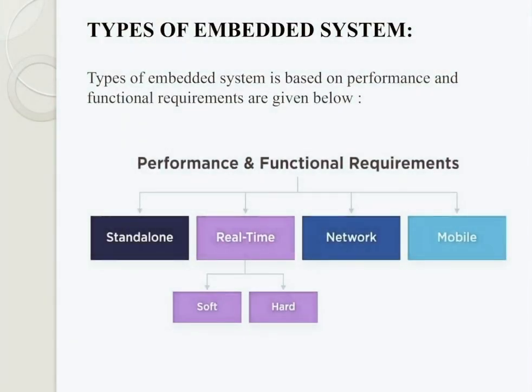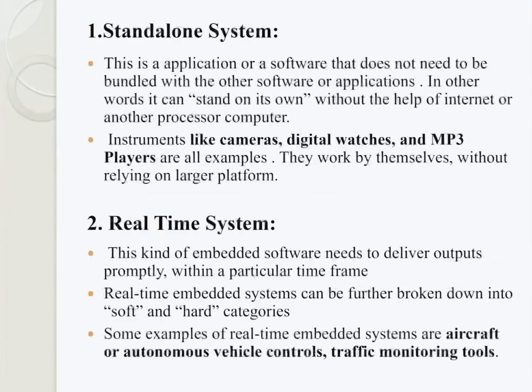This shows the figure of the types of embedded systems that we can see. The first one is standalone, second one is real time, where real time is again classified as soft and hard, third one is network, and fourth one is mobile system. Let us know these 4 types of system briefly. First one, standalone system.